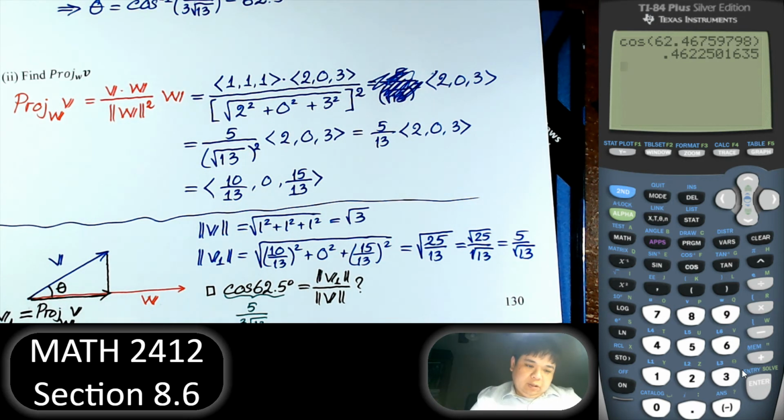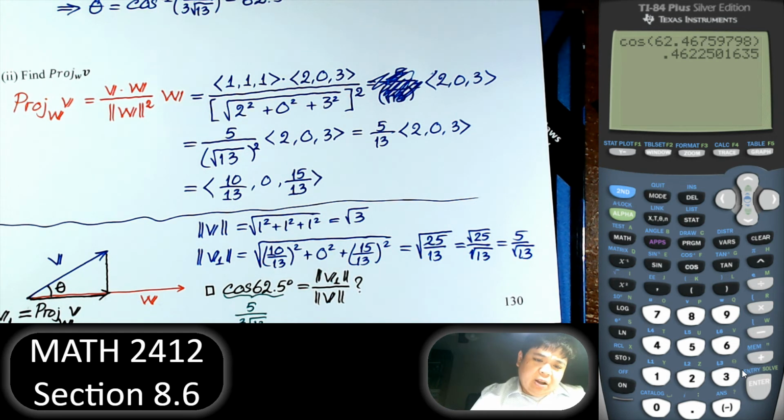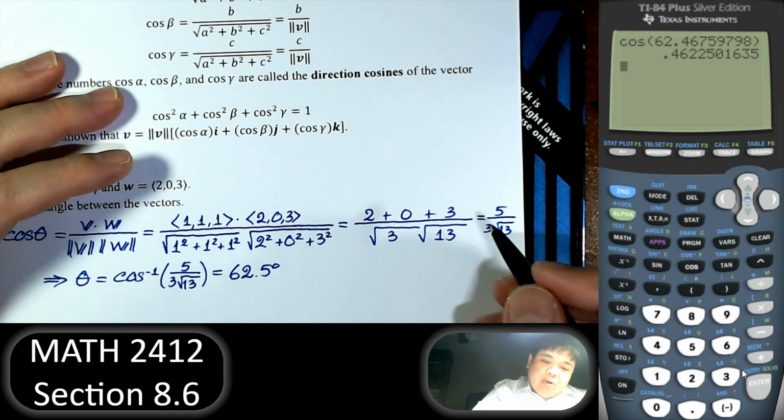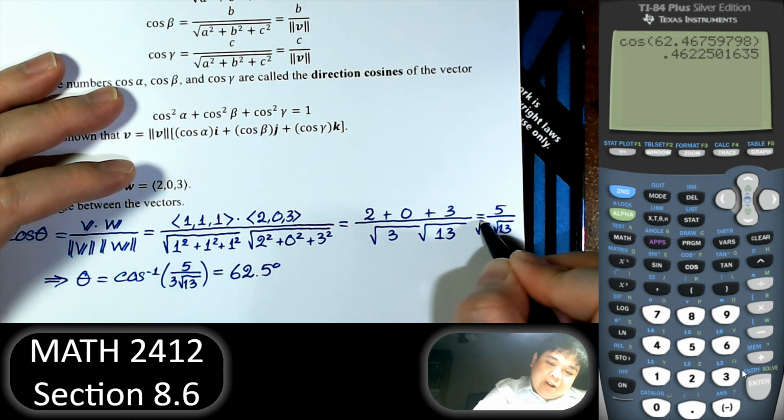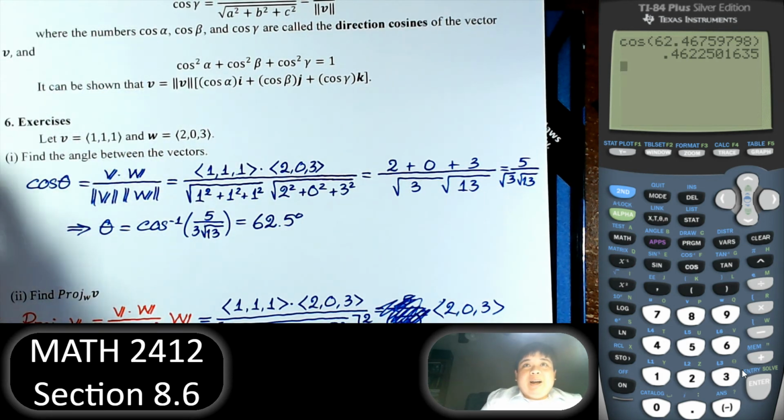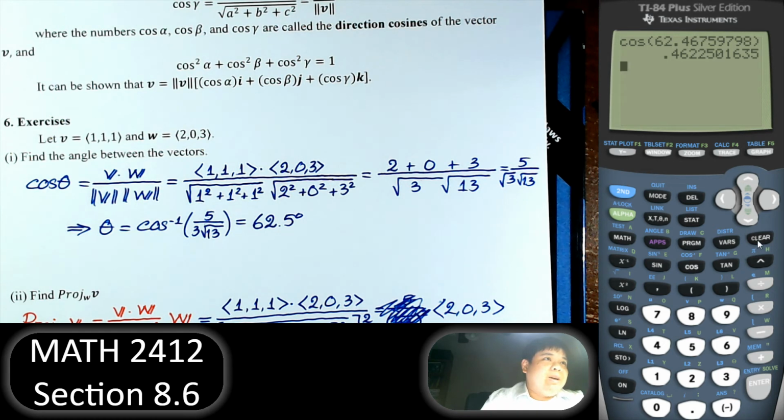We seem to miss something, did we? Yeah, I just wrote it wrong. I forgot the square root of 3 here. Sorry. Glad we go back and check it. So, cosine inverse of 5 divided by square root of 3 times square root of 13.